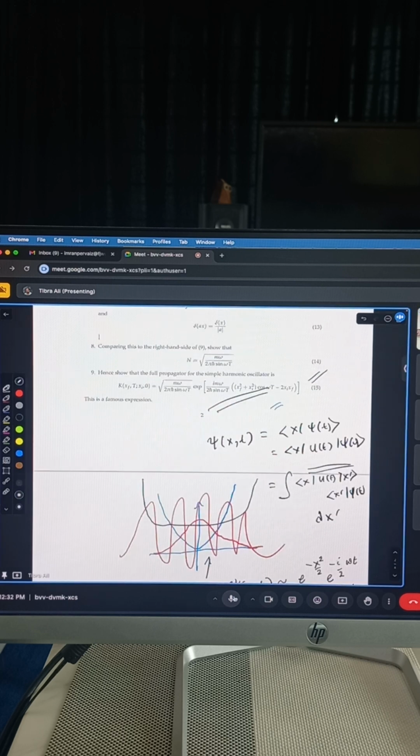But there are other ways of doing this, which is simpler. But the point is, you can do this with the propagator as well. I mean, it's the same calculation, but essentially, giving this formula means that we have the general time dependence of the harmonic oscillator at our fingertips.